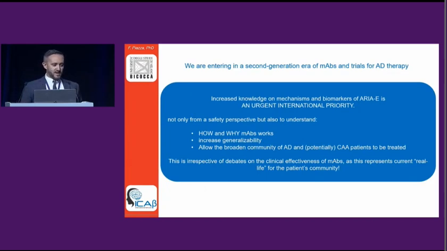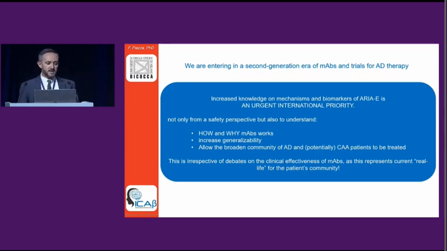I think that we are entering a second generation era of monoclonal antibodies and trials for immunotherapy. And we need increased knowledge on mechanisms and biomarkers of ARIA because this is the most urgent international priority for the success of these drugs.